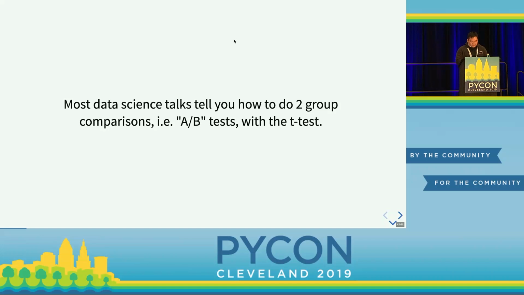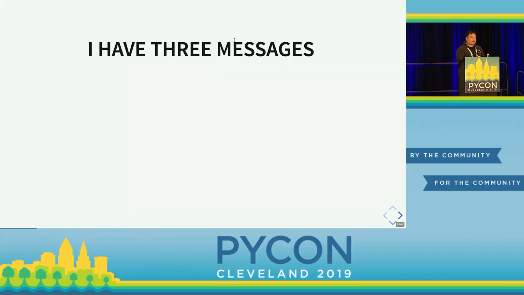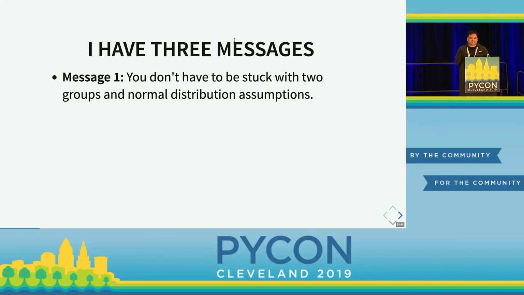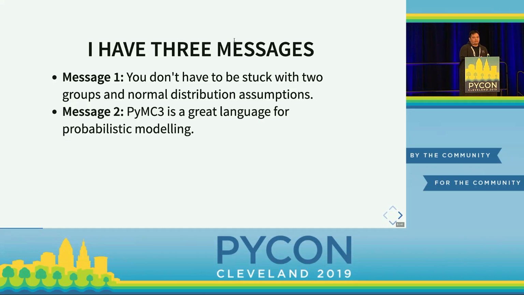So in response to that, I basically have three messages. The first message is, you don't have to be stuck with two groups. And more importantly, you don't have to be stuck with the assumptions of the t-test, which are basically normal distribution assumptions. The second message I have for you is related to the language.